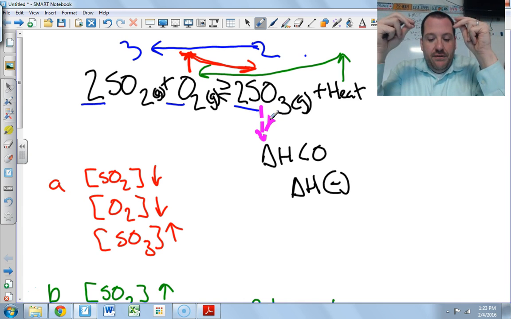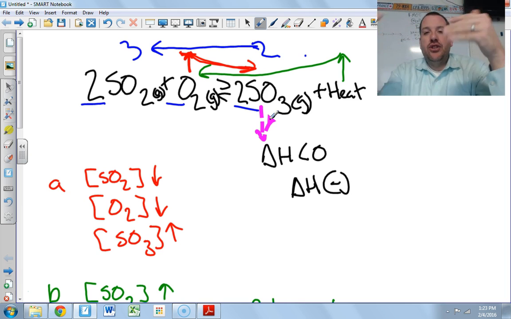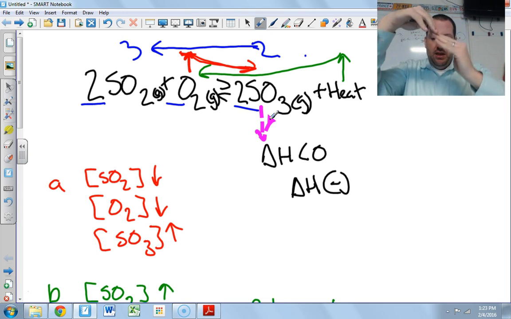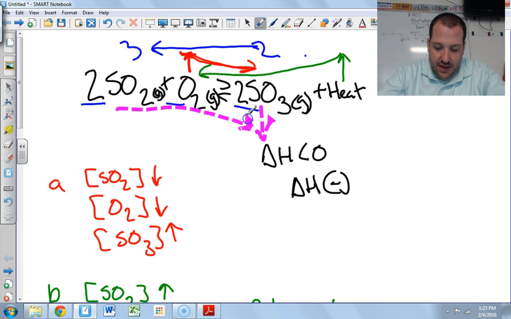Because we have taken some away, the system is going to shift to fill the gap. And so the reaction is going to shift in this direction because it's going to fill this hole that is being left by the absence of the SO3.